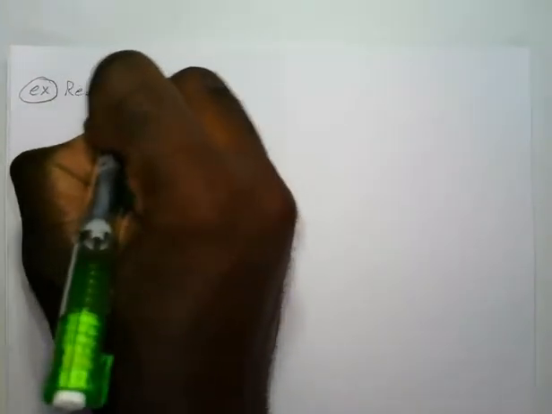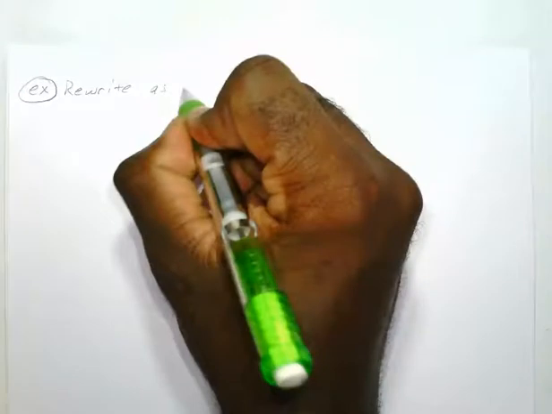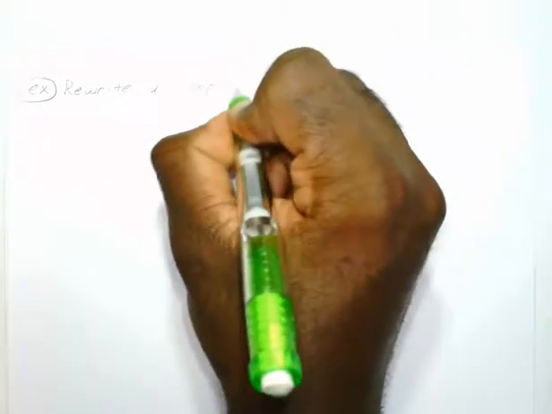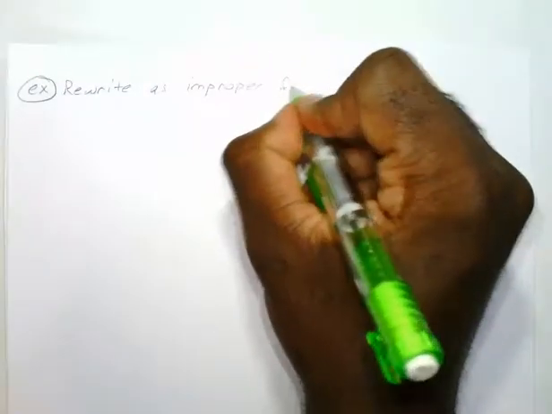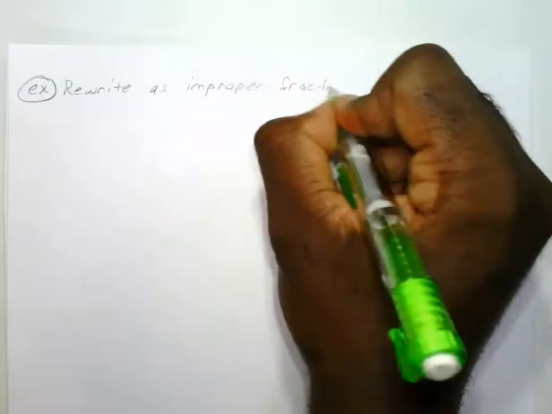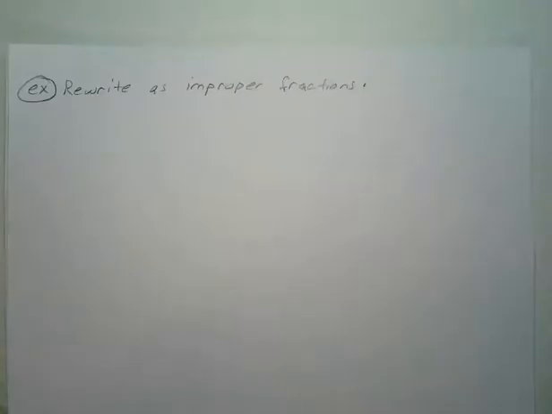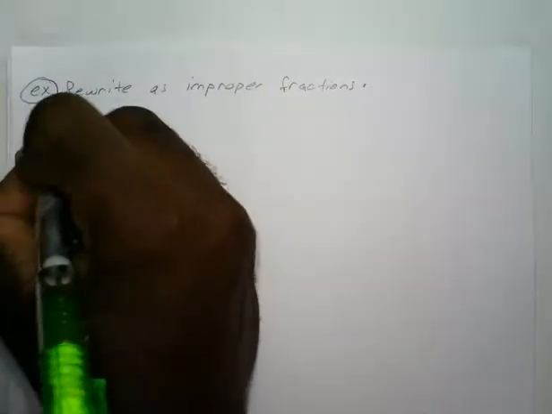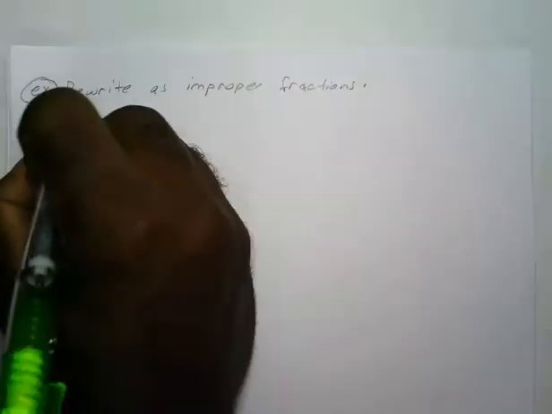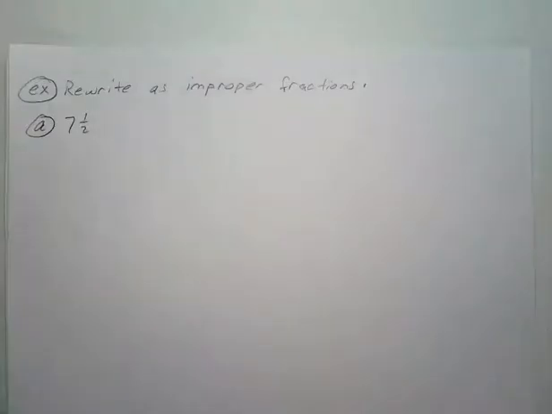Okay, so for example, let's say we want to rewrite these as improper fractions. Rewrite as improper fractions. Okay, so let's say for problem A, you have 7 and 1/2.